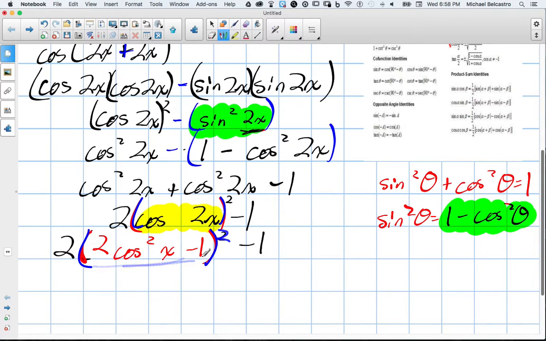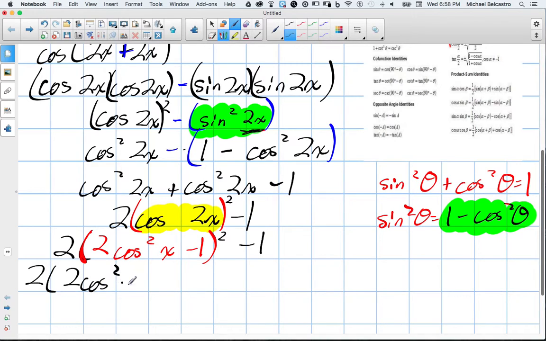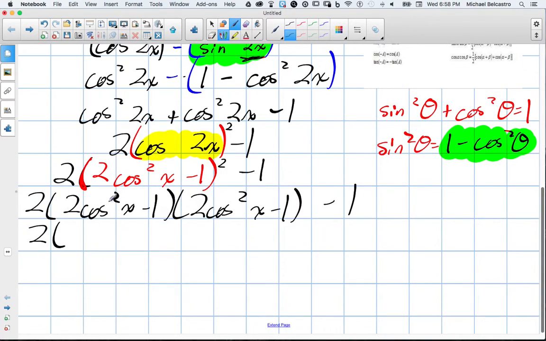So now this inside part is squared, so we can use a distributive property to deal with it. So we have 2, and this is 2 cos squared x minus 1 times 2 cos squared x minus 1, and then minus 1. So we can use our distributive property. We end up with 2 cos squared x times 2 cos squared x.